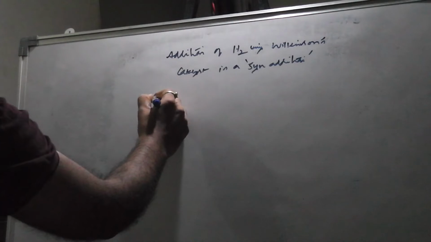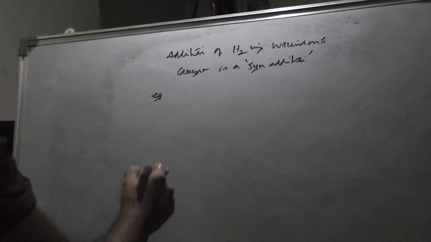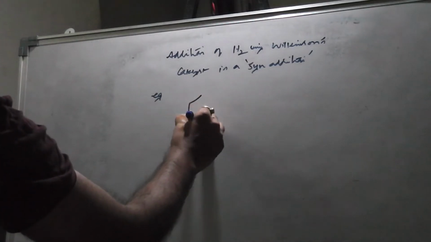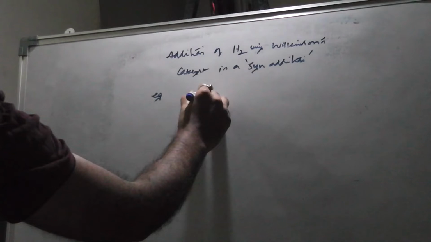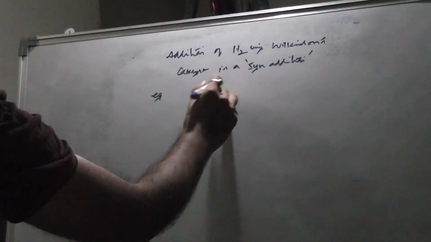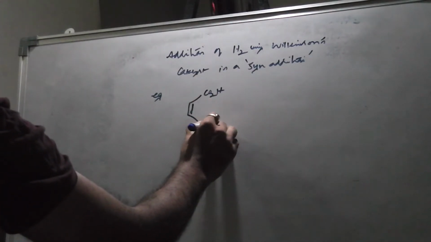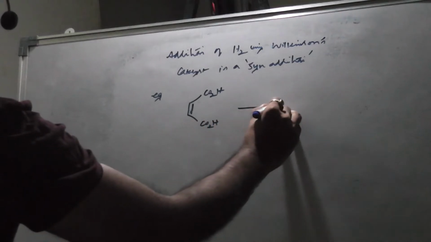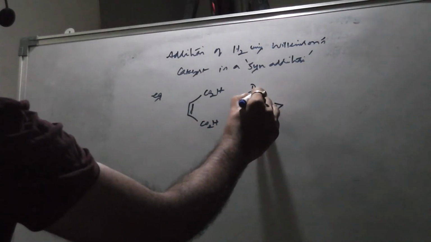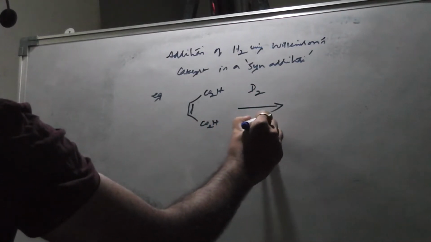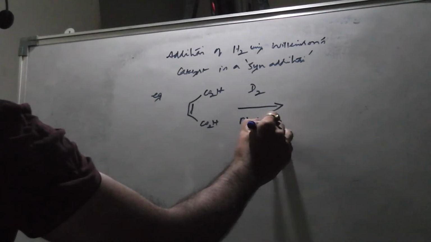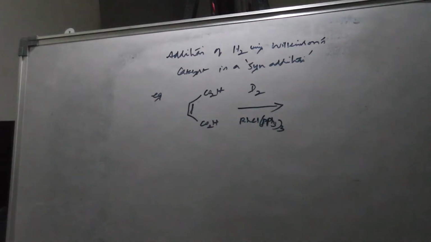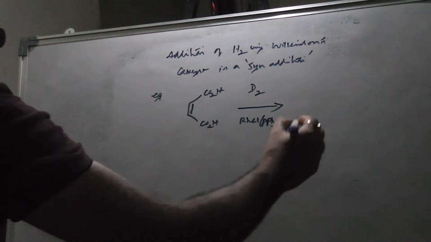Example, let us consider the addition of deuterium to maleic acid in the presence of catalyst. This is maleic acid. Deuterium is added in the presence of Wilkinson catalyst. It leads to a meso product.